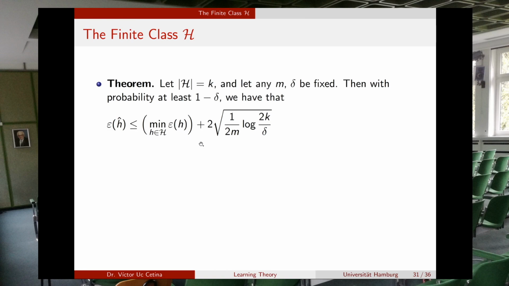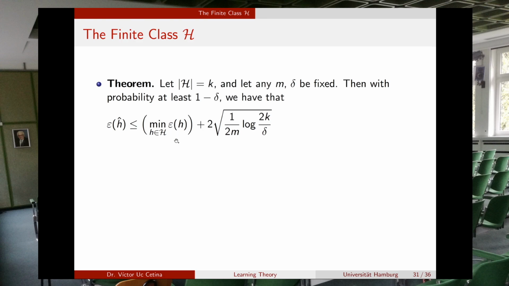Here we have two components. This first component will make reference to our bias, because it says here the minimum of the errors that can be generated, or the generalization error, considering every possible hypothesis in our hypothesis class.